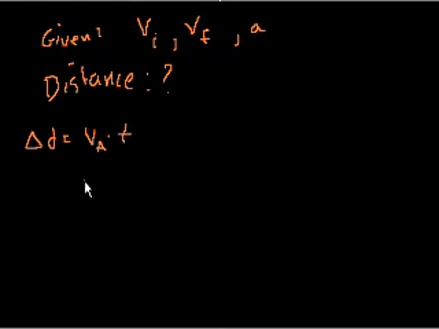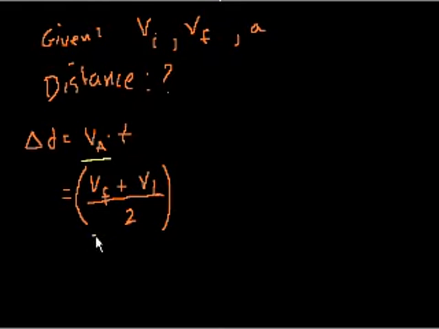Well, we know that the average velocity is the final velocity plus the initial velocity divided by 2. So this is the same thing as this, and then that times time.